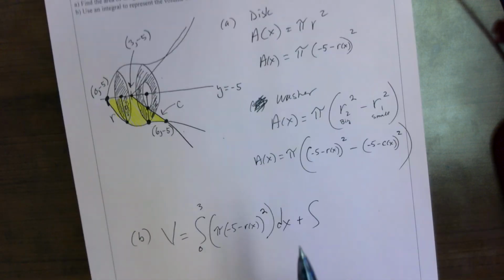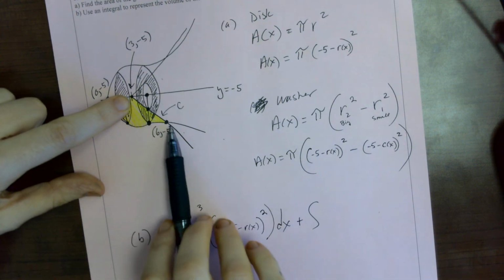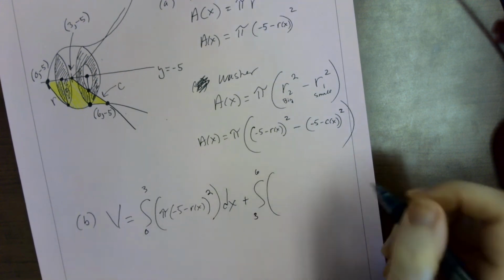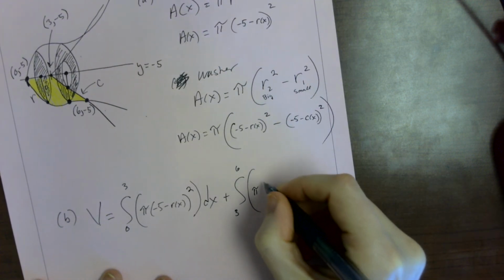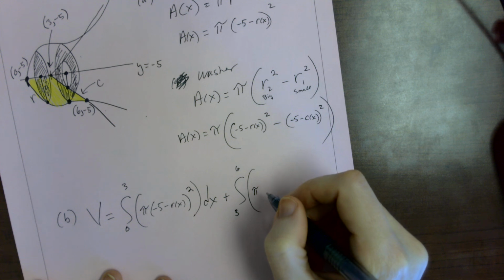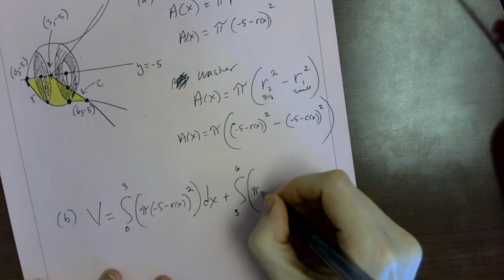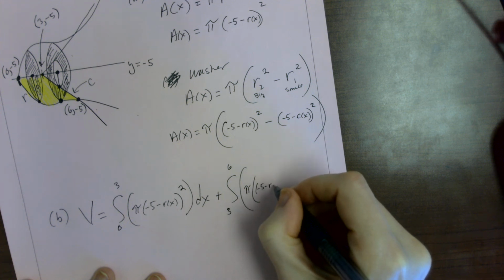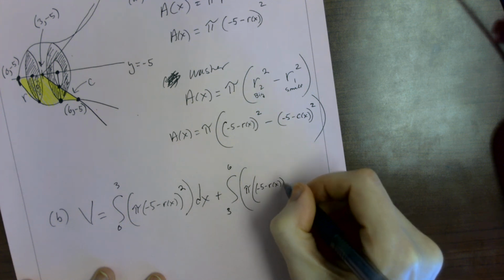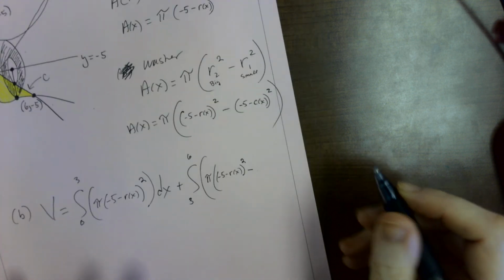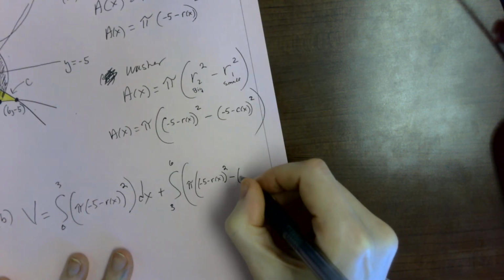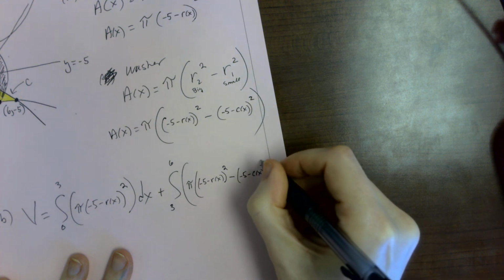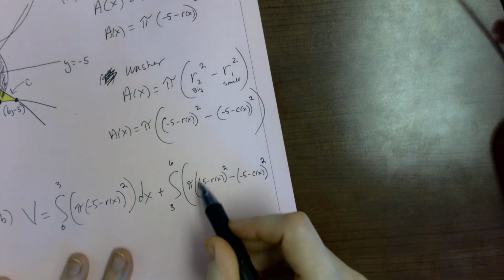Plus the integral from, so the washers start at 3 and then they go to 6. From 3 to 6, then this is pi, -5 minus r of x squared minus -5 minus c of x squared.